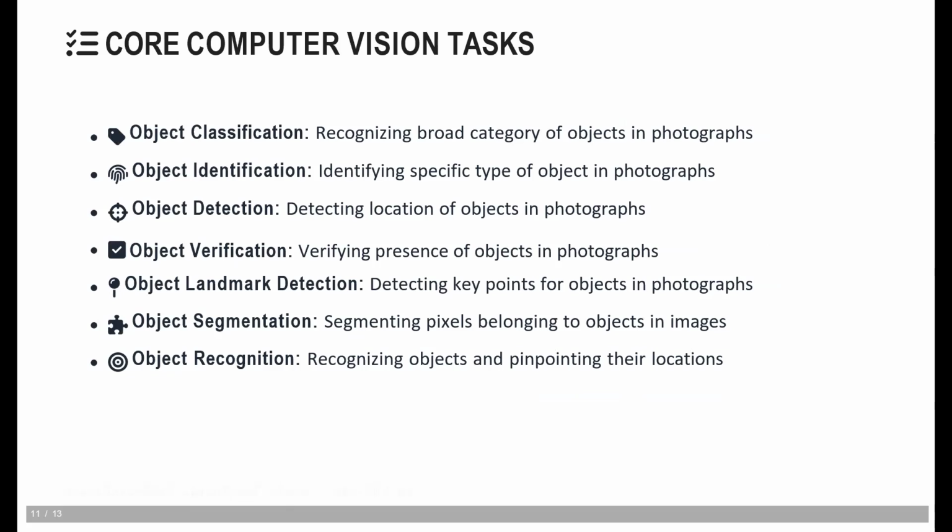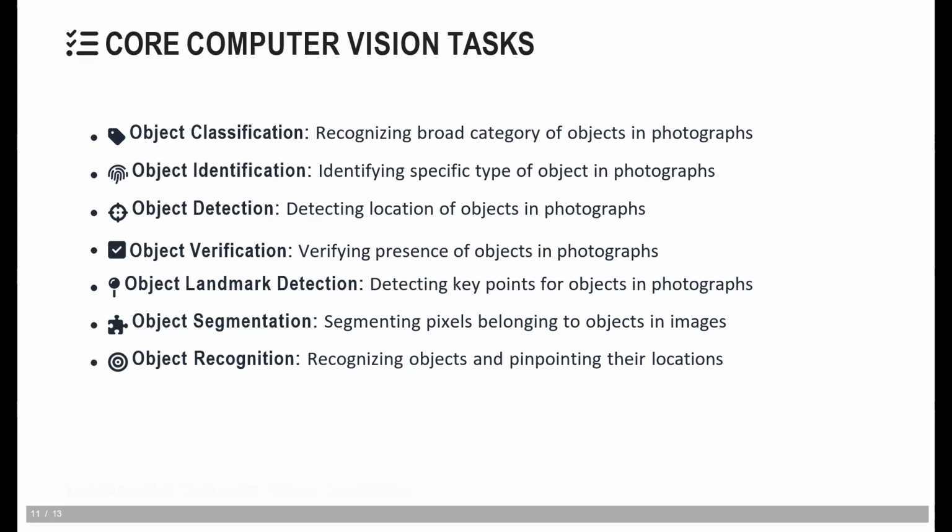Core computer vision tasks. So these are some of the core computer vision tasks. Object classification, recognizing broad categories of objects in photographs. So with different photographs, by rendering the images, we can classify the images and objects.